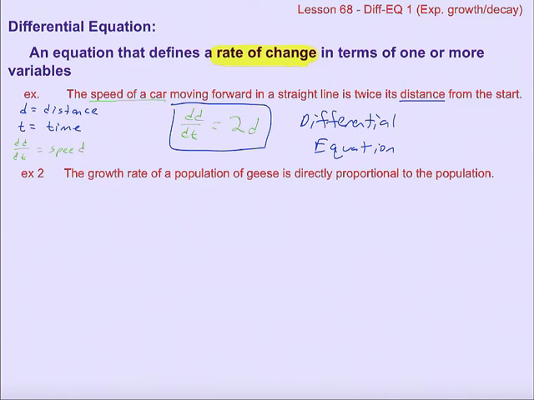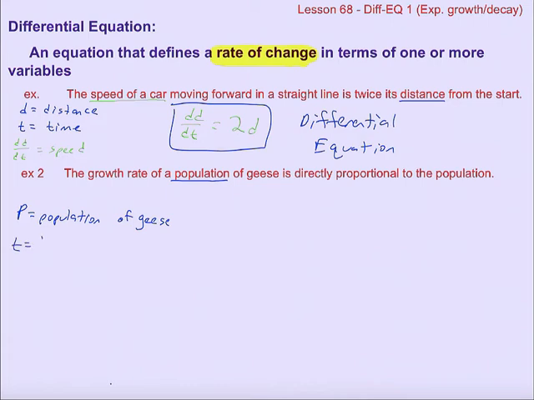And slightly more generalized, we'll look at the next example, similar idea, the growth rate of a population of geese. So again, we've got that variable there, the population. I should really clarify that when I say the population here, I mean the number of geese in the population.